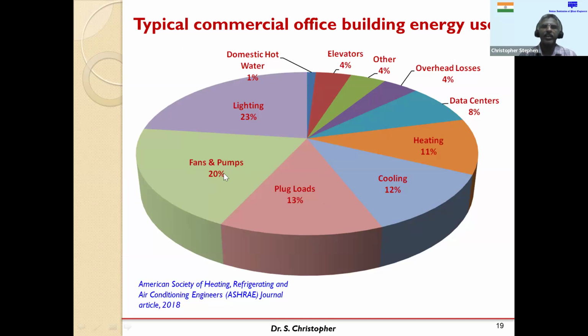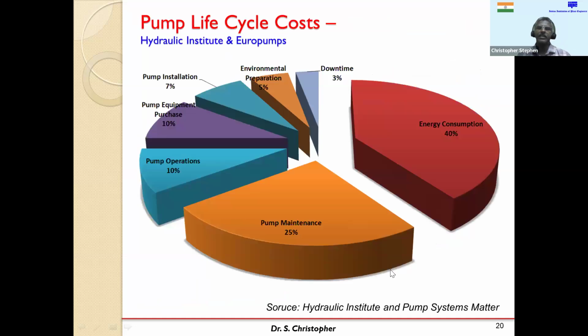So from this picture we can identify that there is more scope in pumps and fans. If you make a 1 or 2% improvement, the energy consumption will definitely be reduced. This is the information we can extract, and this is the general pump life cycle cost.